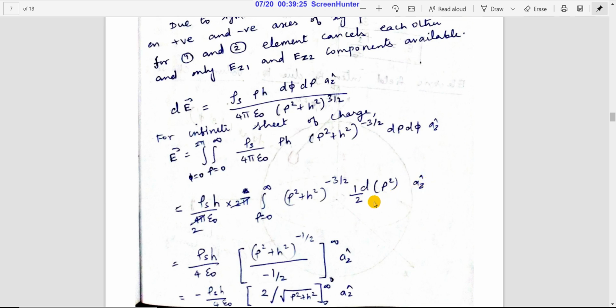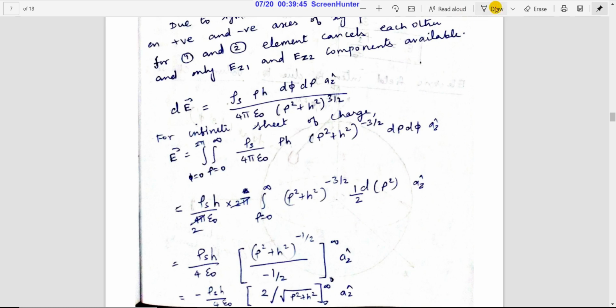Rho is already here, so we can keep that rho with this term, and 1 by 2 is the extra term which is going to come. So we can write this as 1 by 2 d of rho square.